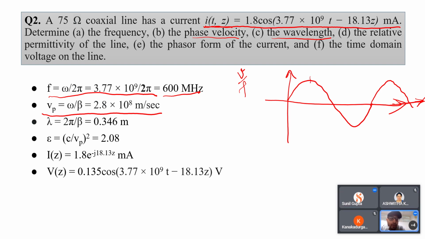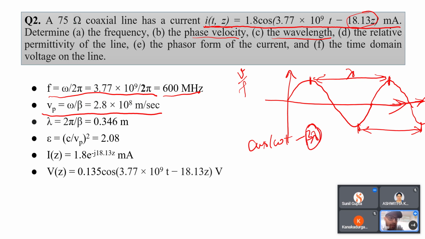Yes. So basically, wavelength is defined as the distance between two crests or troughs. So this defines the wavelength lambda. So just put this: cos of omega t minus beta into lambda.